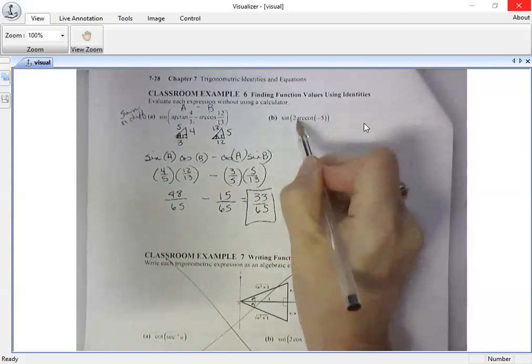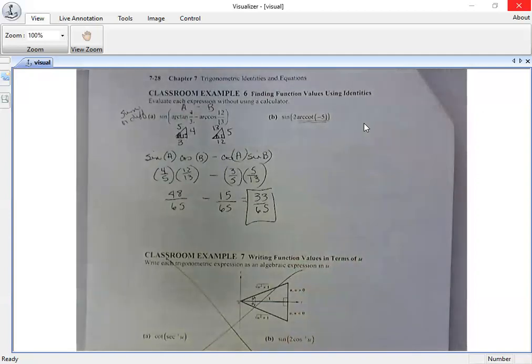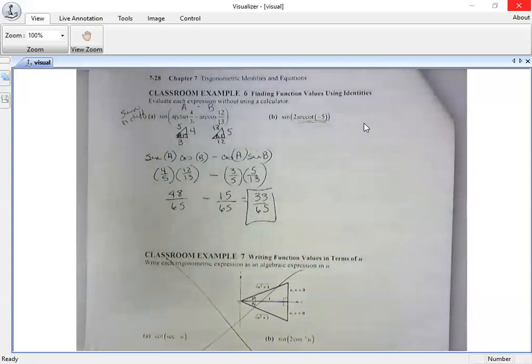Anytime I see arc something, what does this mean I'm actually looking for? Am I looking for a ratio, or am I looking for an angle? I heard somebody say it. Angle, yeah. If it's got arc, or you see cosine with the little -1 to show it's inverse cosine, that means I'm looking for an angle measure.